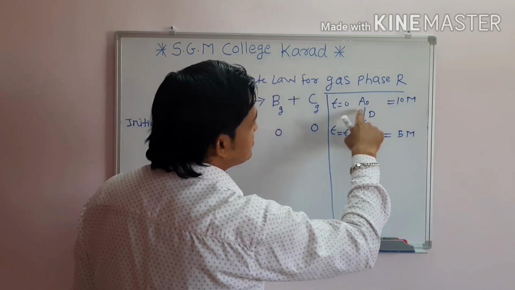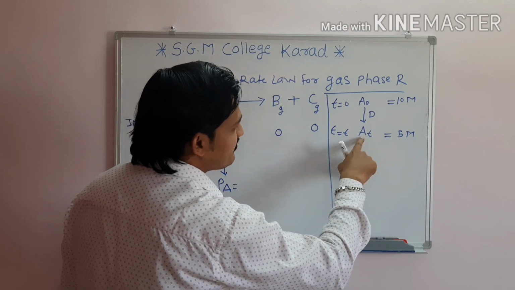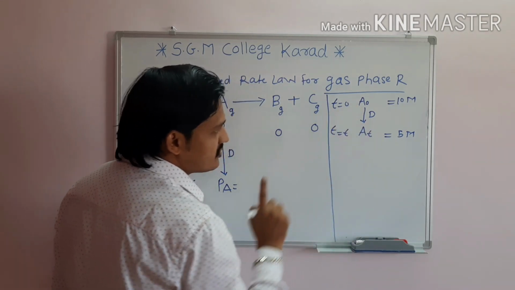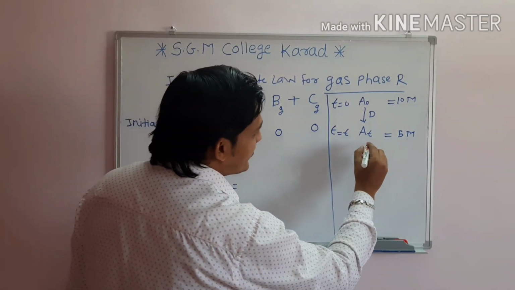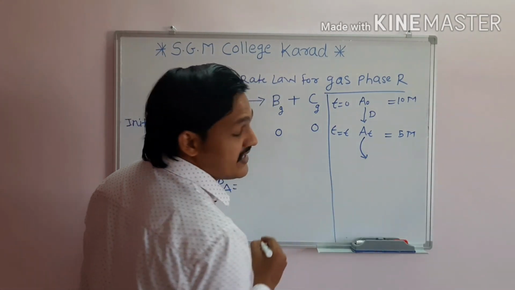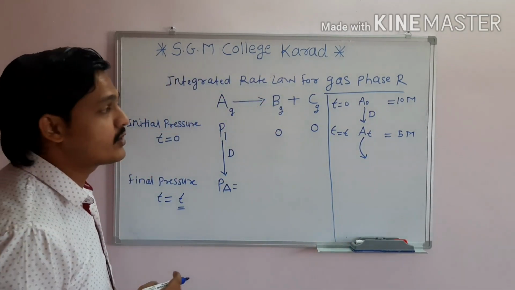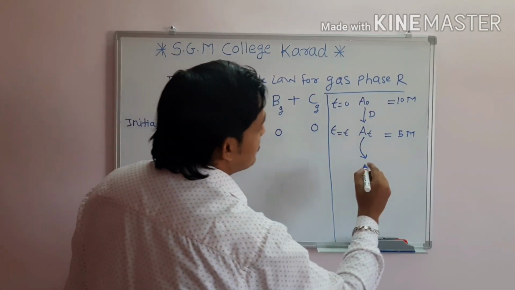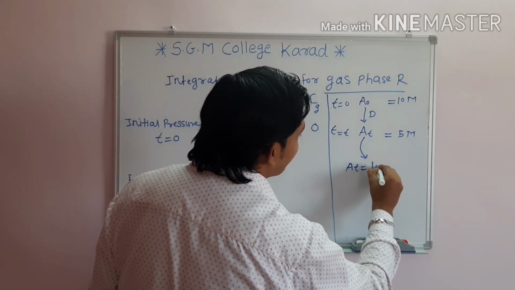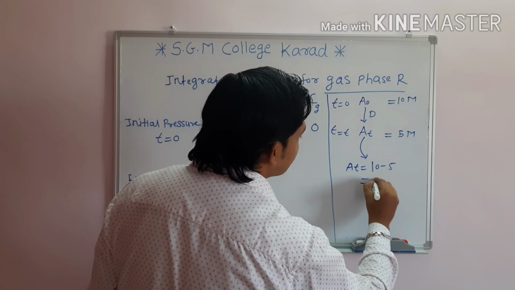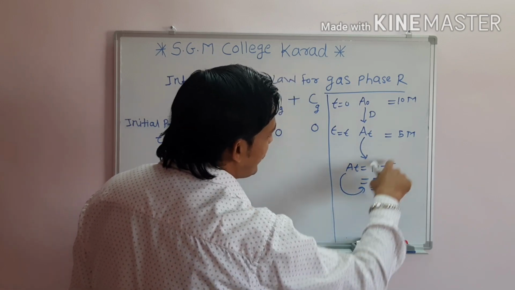The value of A0 is 10 molar and the value of At is 5 molar. At means final concentration, A0 means initial concentration. Then what is the alternative way to express At? At is equal to 10 minus 5, that is equal to 5.